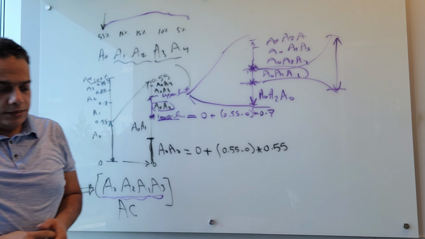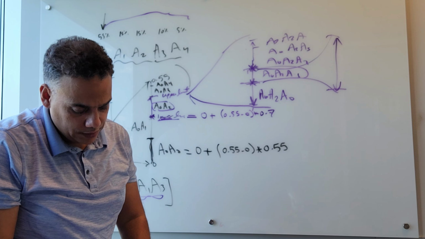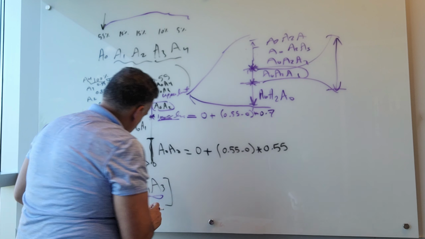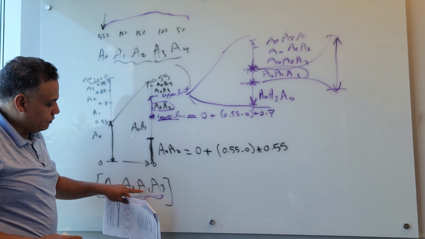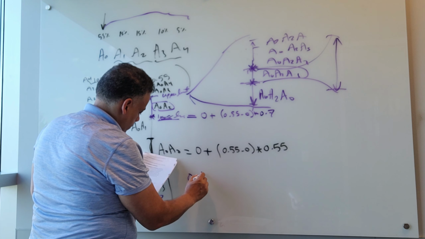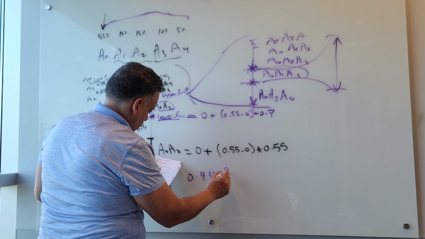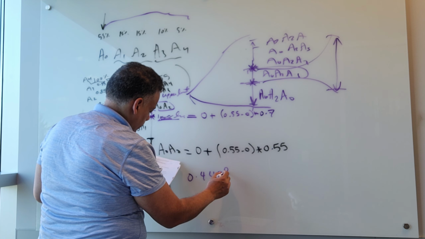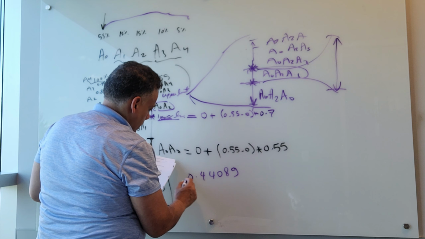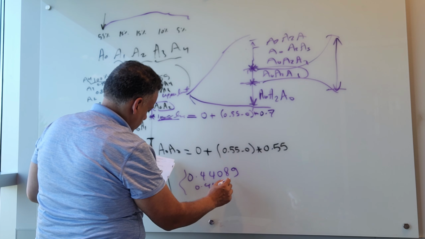So this is the idea of arithmetic encoding. If we do this carefully, we'll find that the final range that represents A0, A2, A1, A3 is between a lower limit of 0.44089 and an upper limit of 0.44213.